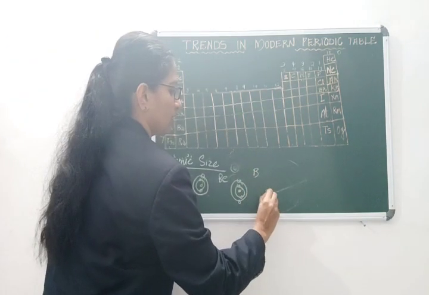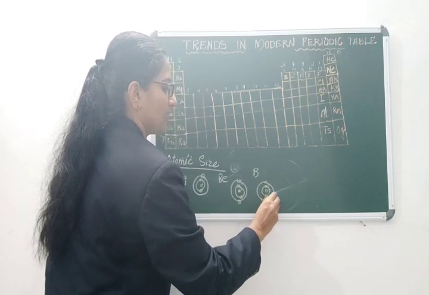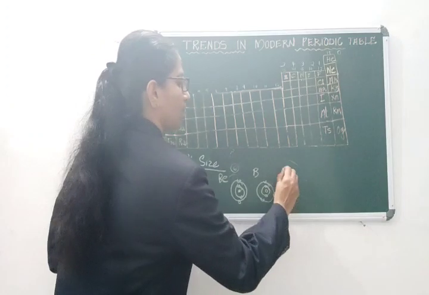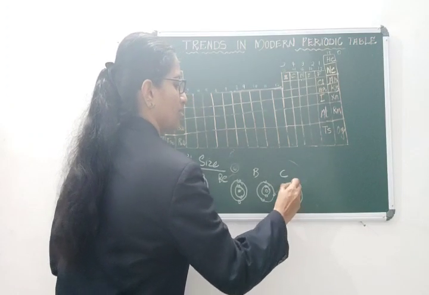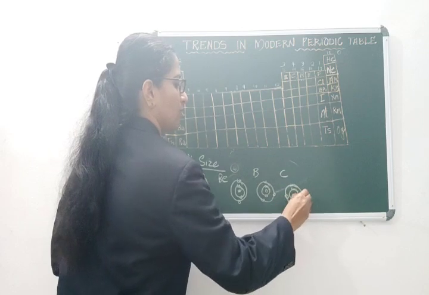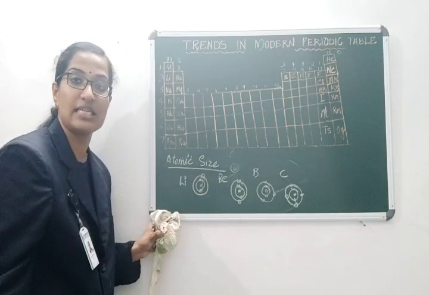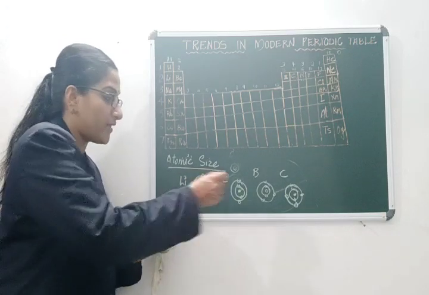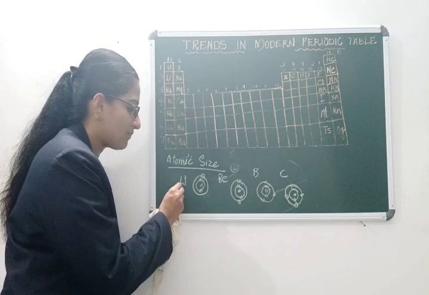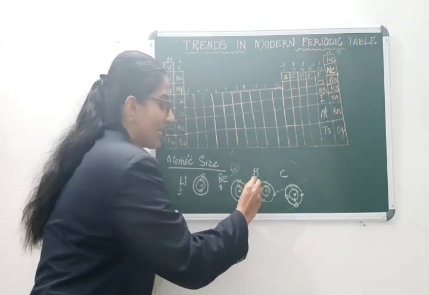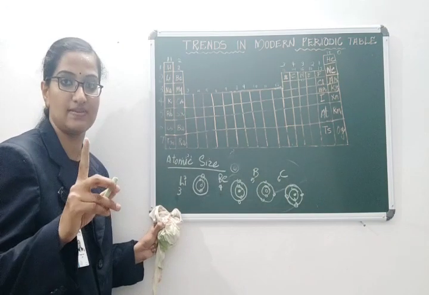Boron: first shell with 2 electrons, second shell with 3 electrons. Carbon: first shell with 2 electrons, next shell with 4 electrons. Students, look here. Is there any increase in the shells? No. Period wise, the number of shells is the same. But the number of electrons increases one by one, a 1 unit increase.